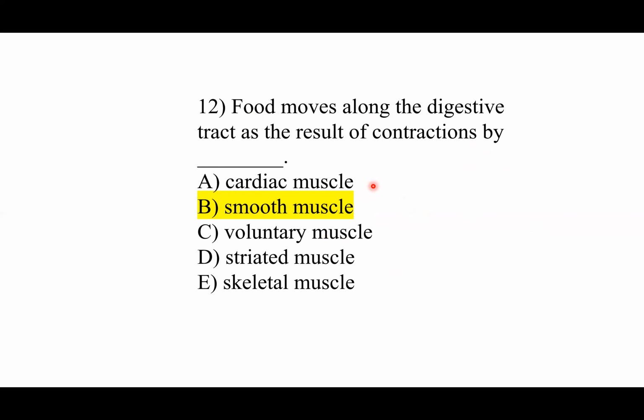So cardiac muscle deals with the heart, so not really with the digestive tract at all. Skeletal muscle, again, we're talking about the digestive tract, not the skeletal system. And then C and D, we didn't really talk about these, so they're not really relevant here. But we did talk about smooth muscle, which lines the digestive tract.